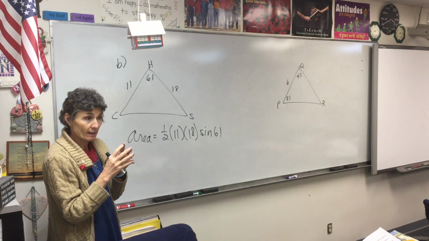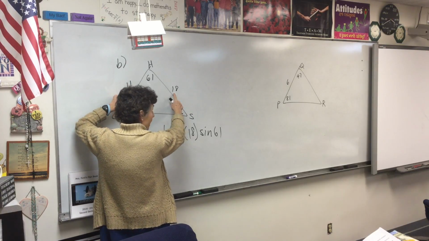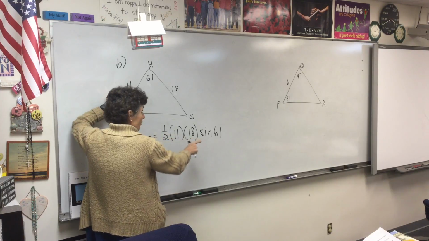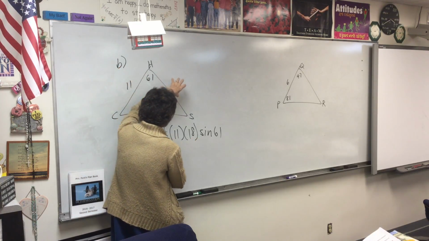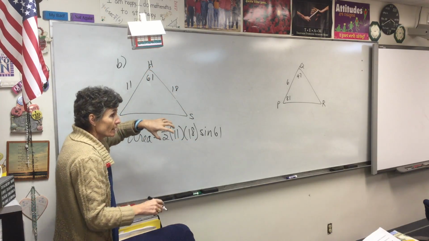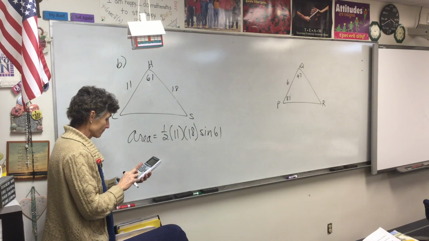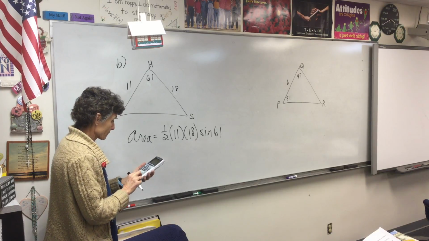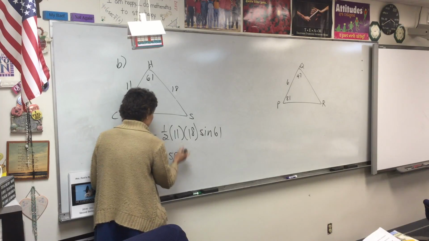So when I do area, I love having two sides and the angle between them, because then the area will always be 1/2 side, side, sine. And I just type it in. That's going to be the answer to the question. So it's 86.59. That's your area.